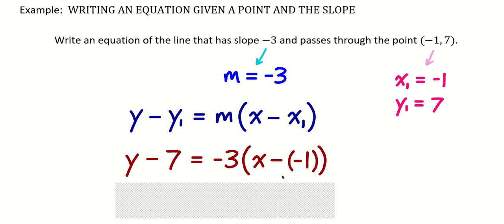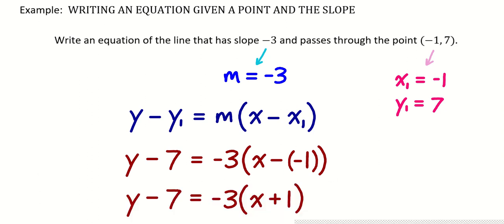So if x1 is -1, then a minus is really just plus. So a good final answer for this equation would be y minus 7 equals -3 times the quantity of x plus 1.